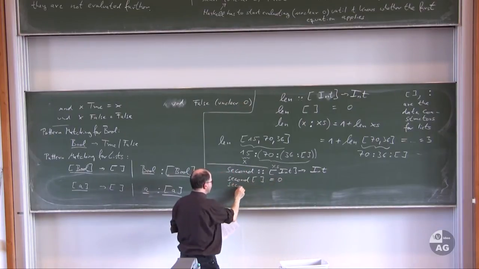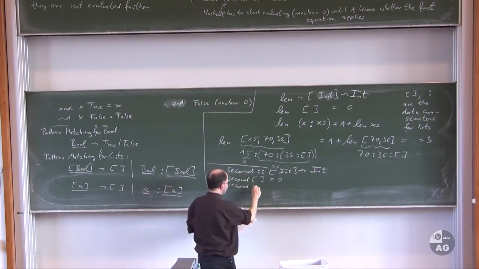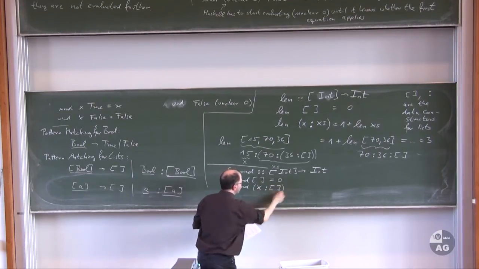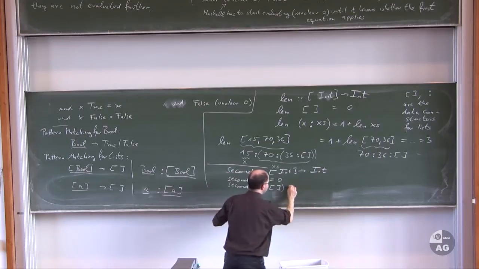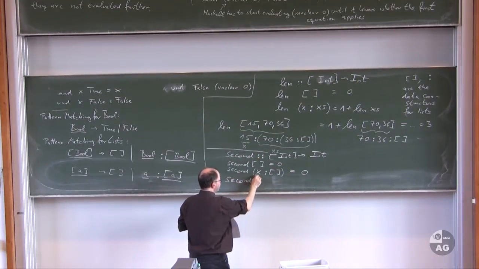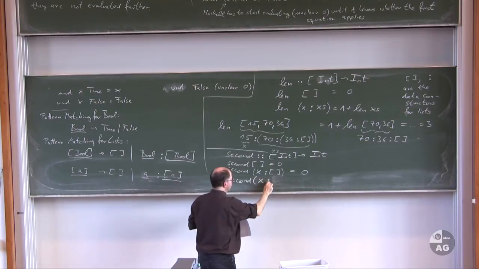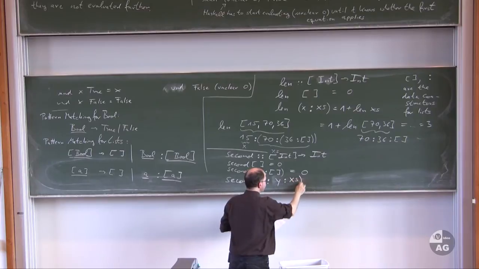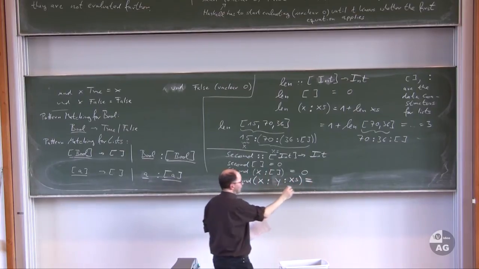And second of a list like this, this also has no real second element, so let's also return 0. But second of a list like this, x colon y colon x's, now the second element is y.